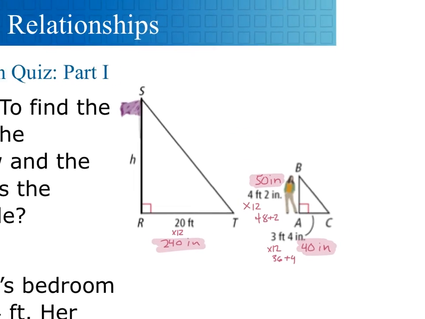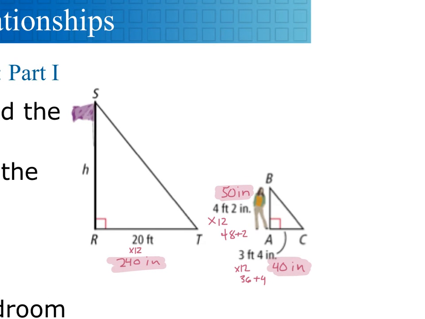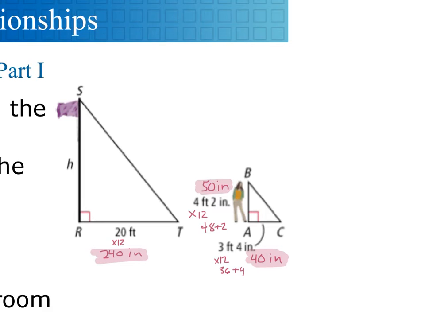Okay, so now what do we need to do to find h? Make a ratio. What's our ratio going to be? Perfect. 240 over 40 is equal to h over 50.